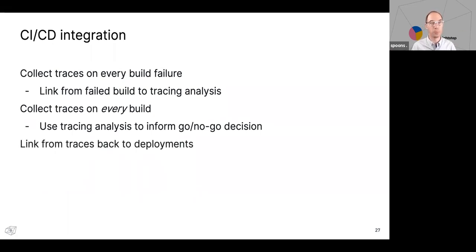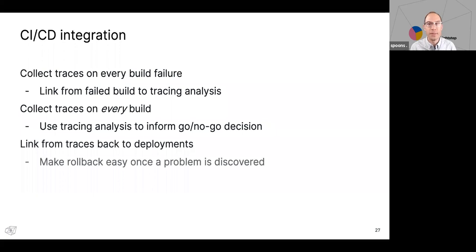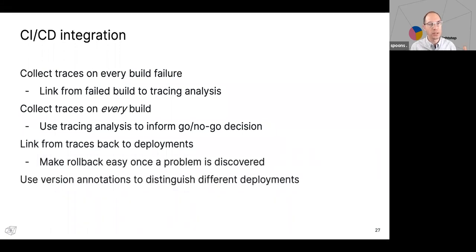Once we've deployed to prod, linking from the trace is something that we've done at Lightstep and others have done as well, where you can then quickly, once you've found the problem, whether it was in the first service that you started investigating or something deeper down the stack, link back to the deployment tool so that you can easily roll that back.